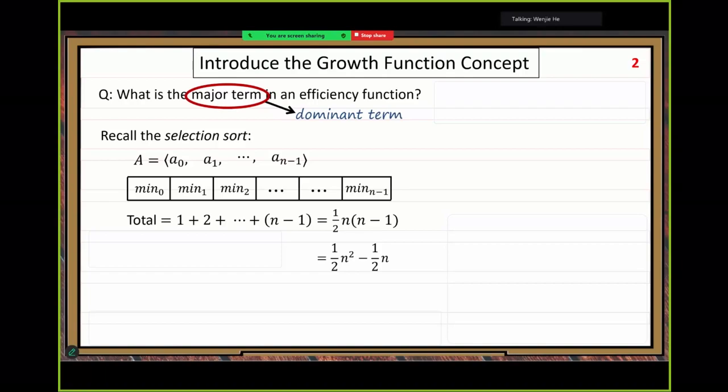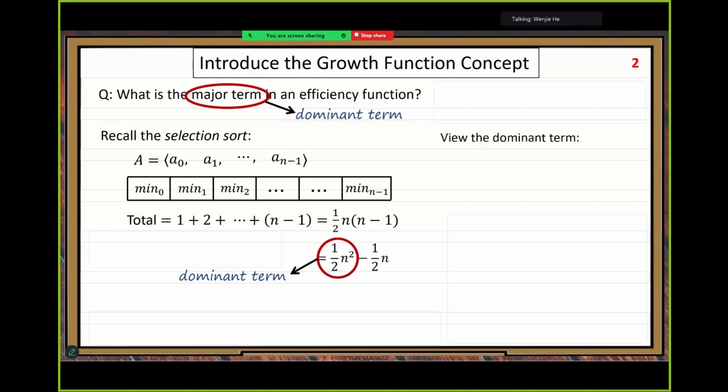Next, we need to see. We know the first term is larger than the second one. But the question is, how much larger? How dominant is it? Why do you call it the dominant term? So we need to understand why you call it dominant.